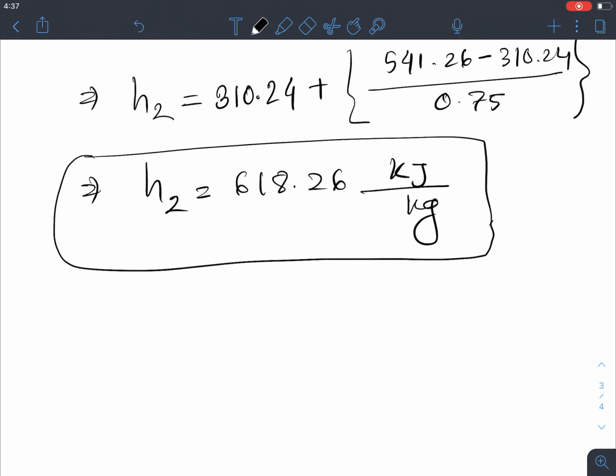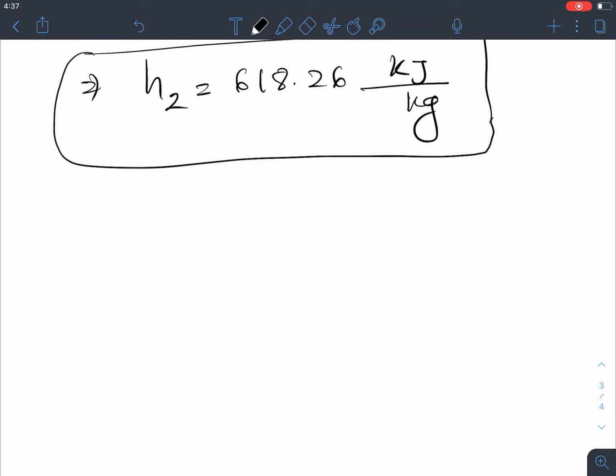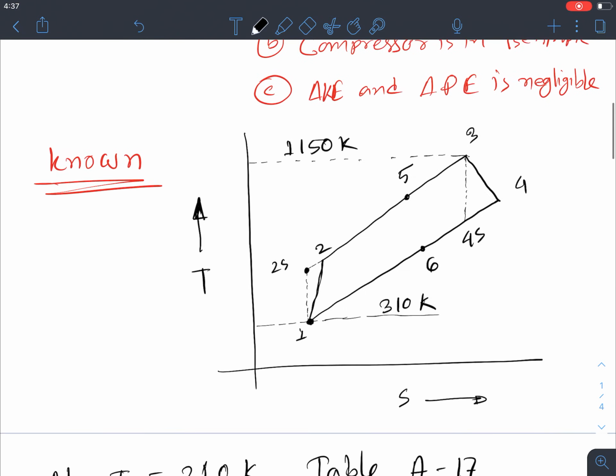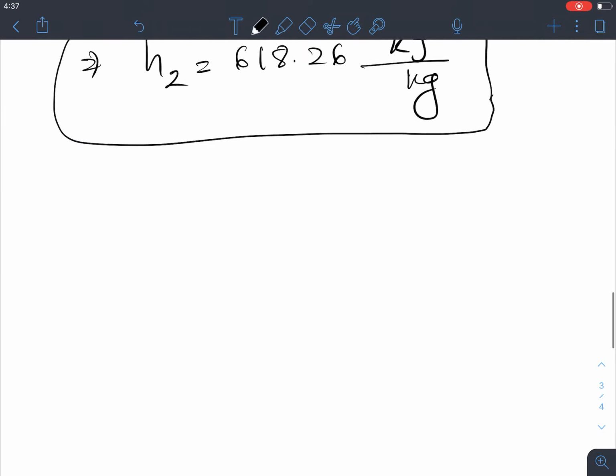So let's get the properties for state 3, right? For the isentropic process 3 to 4, at point 3 we have the temperature given, 1150 Kelvin.